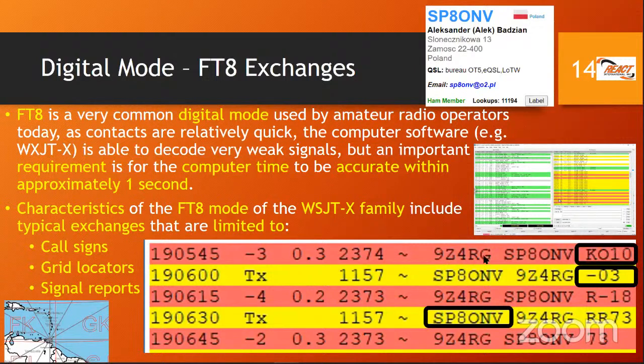And what we have here is the actual exchange. So what is happening here is that this station, Sierra Papa 8 Oscar November Victor, was calling 9 Zulu 4 Romeo Golf, and sent his grid square, and we had talked about what a grid square was. That's how you identify your location. It's a kind of GPS type of locator.